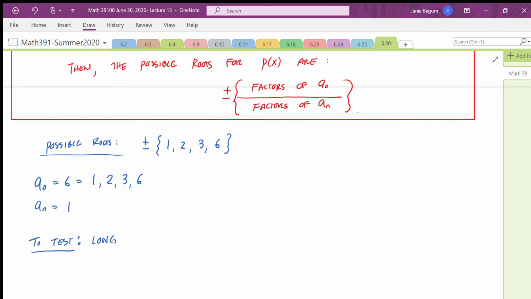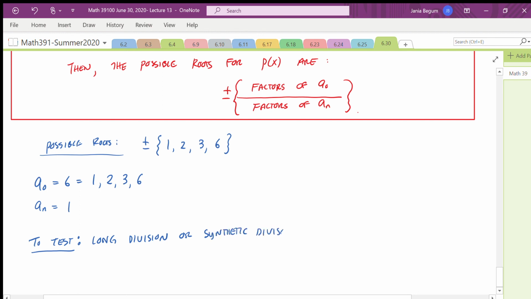Let me write that out. For both of these tests, you want to make sure that the remainder is 0 if it's a root.